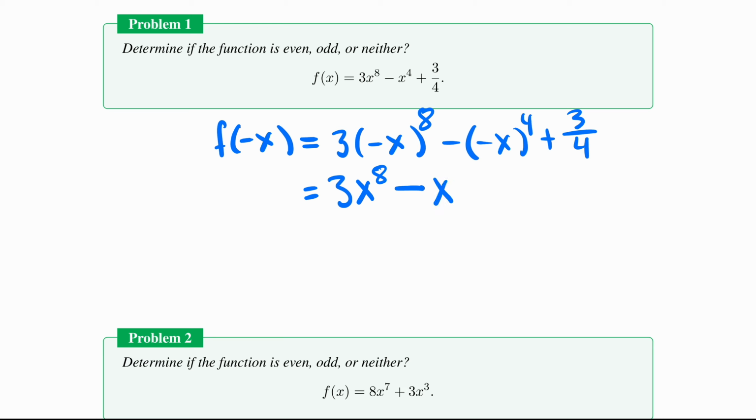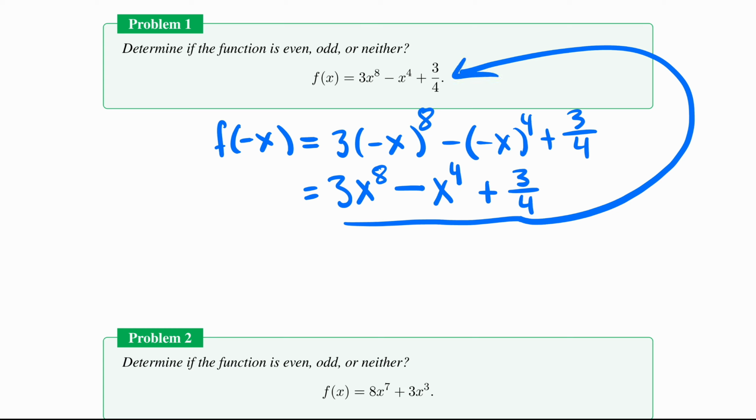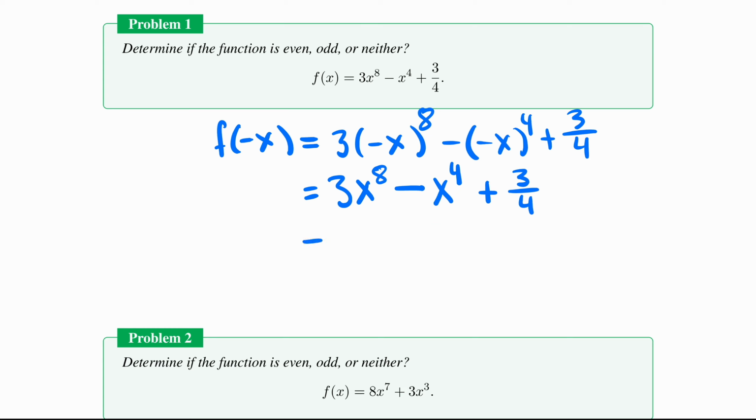So then we have x to the 4. At the end, we just have 3 over 4. Look at this. This is the original function. So this is just f of x. The negative went away and you got back the original function. So you can conclude that this is an even function.